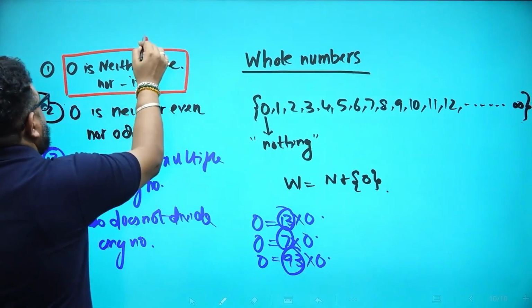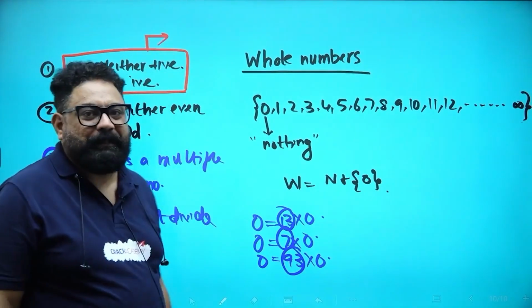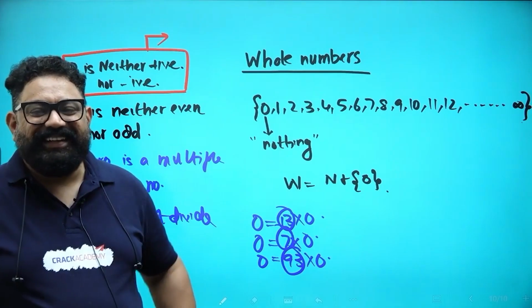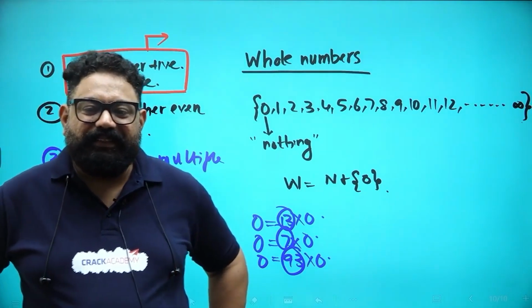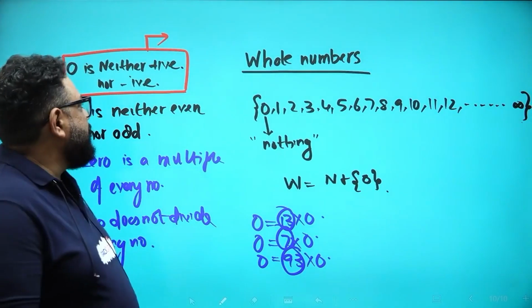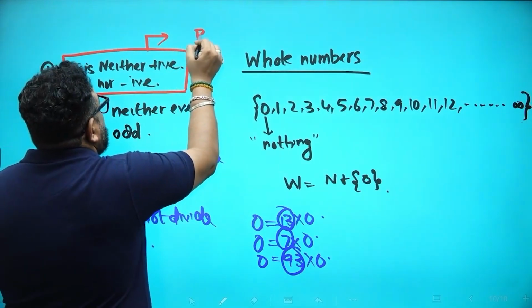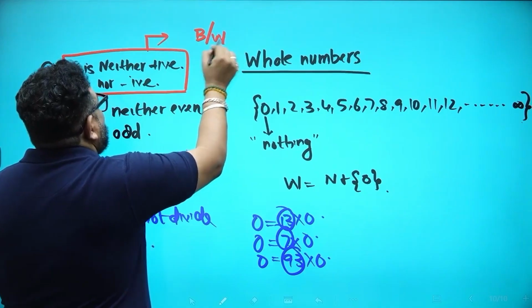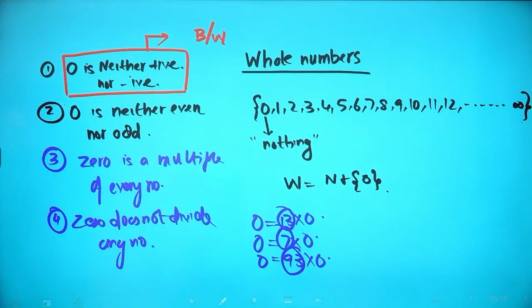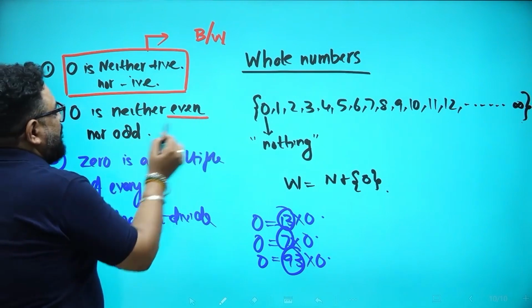So I can say 0 is God. Oh my God, right? Why? 0 is neither positive nor negative, which means 0 is God. God is neither black nor white. Agreed? 0 is neither even nor odd.